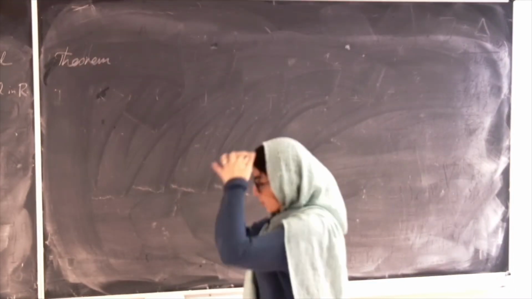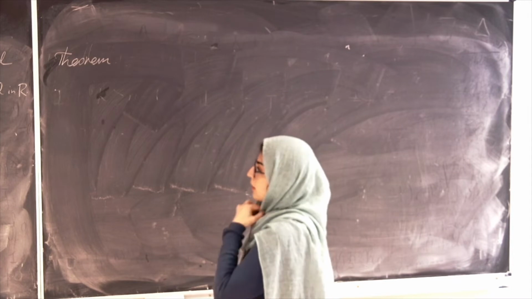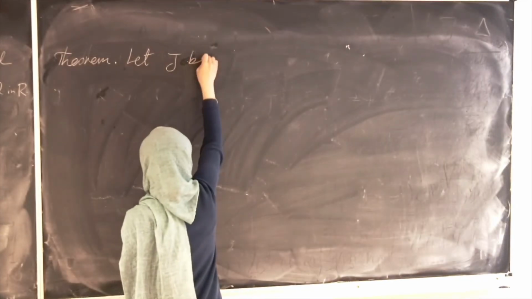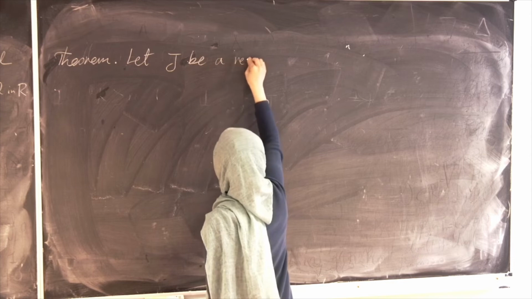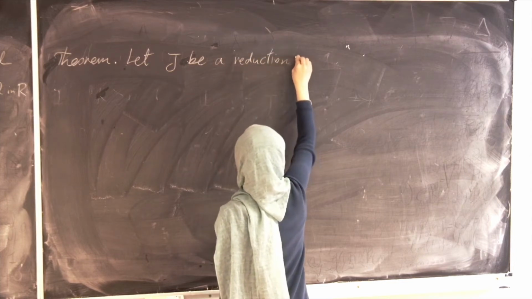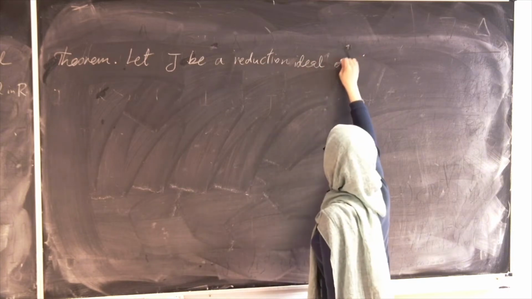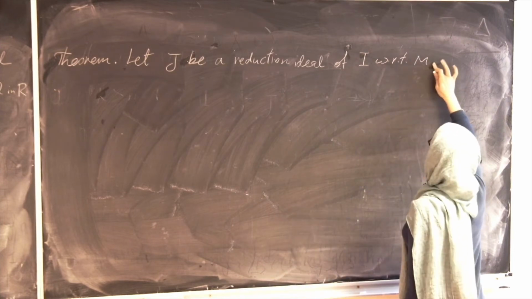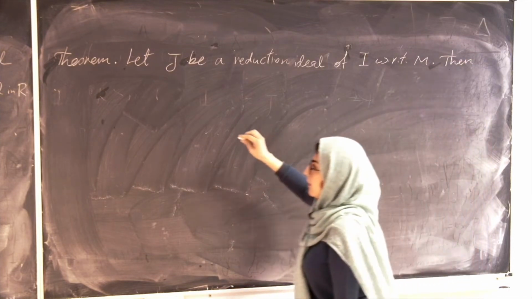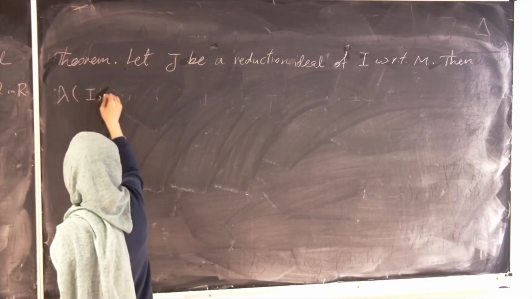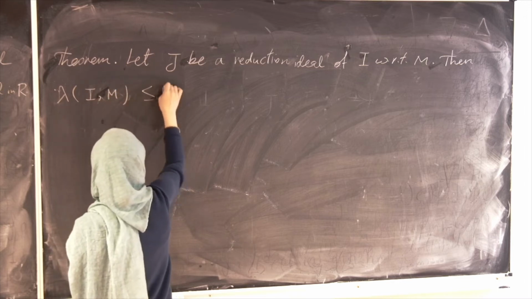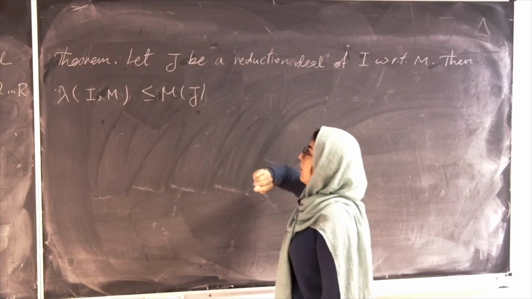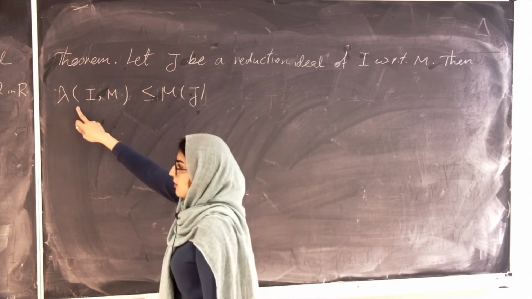So, in this theorem, we want to show that when we have a reduction ideal J of I with respect to our module, then mu of J, by which I mean the cardinality of a minimal generating set of J, is an upper bound for the analytic spread.